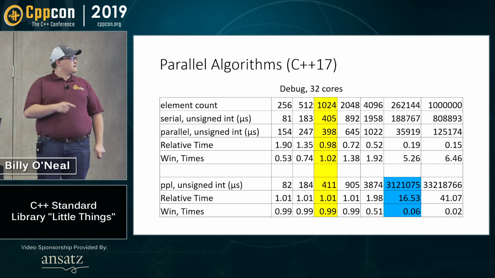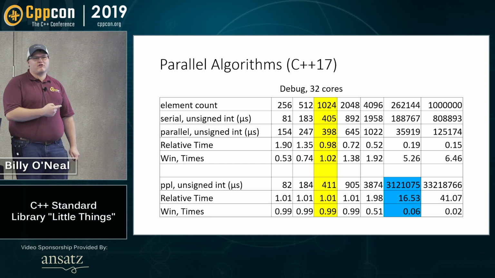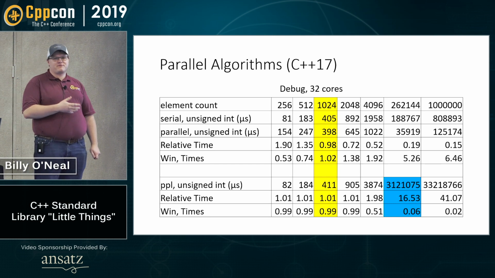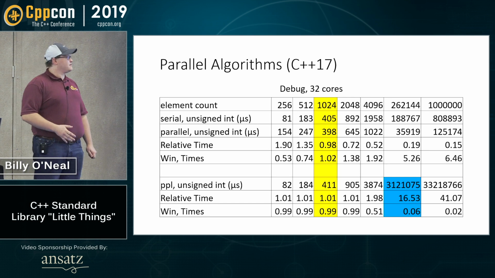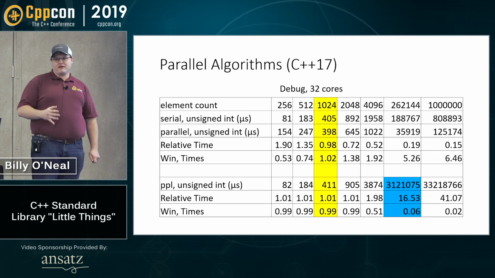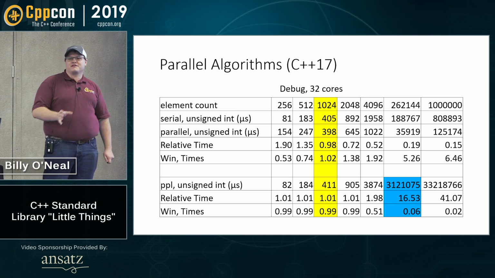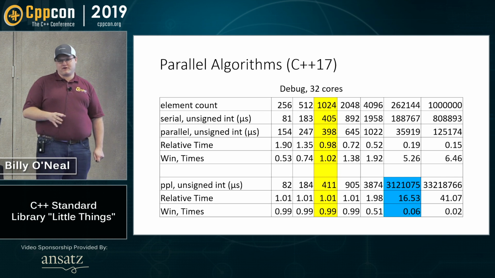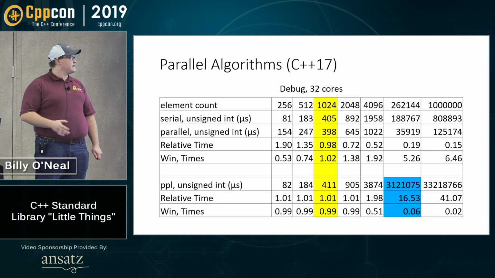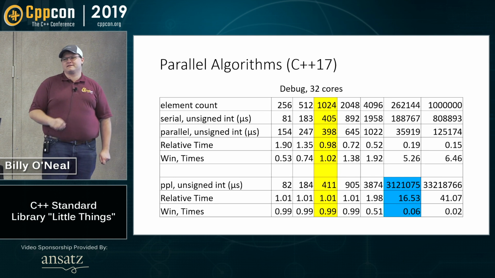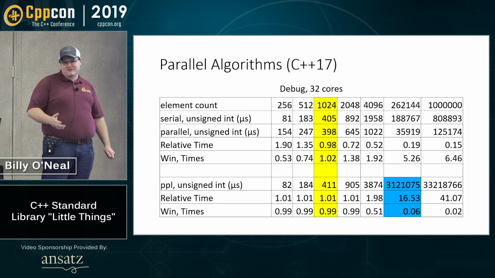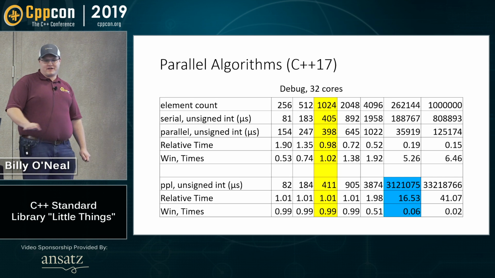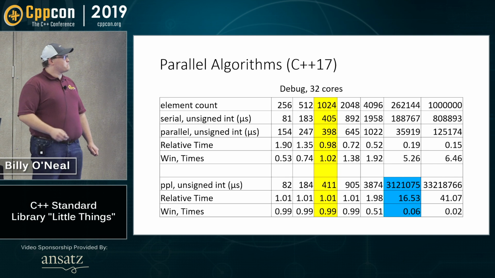This is what you get for how long serial sort takes versus parallel sort. And you can see that even with the optimizer disabled and everything else, the parallel sort catches up with the serial sort, when you account for the overhead of parallelizing this, at only around 1,000 elements. And you probably have things in your program that want to sort 1,000 things. That's not ridiculous values of n.